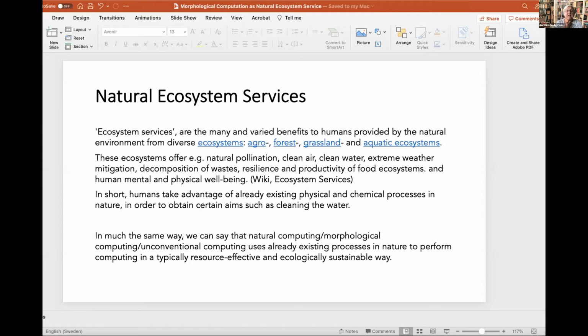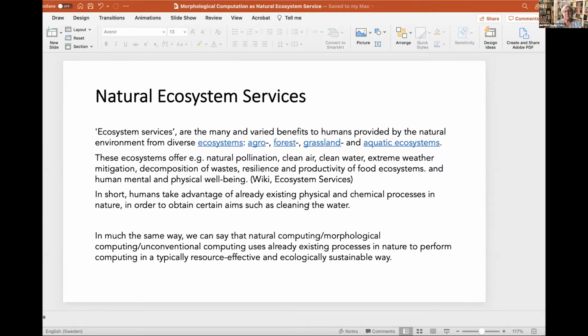And this is a reminder of what natural ecosystem services are. There are many and varied benefits to humans provided by the natural environment from diverse ecosystems like agroforest, grassland, and aquatic systems.